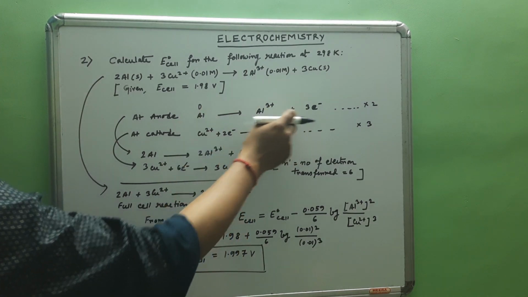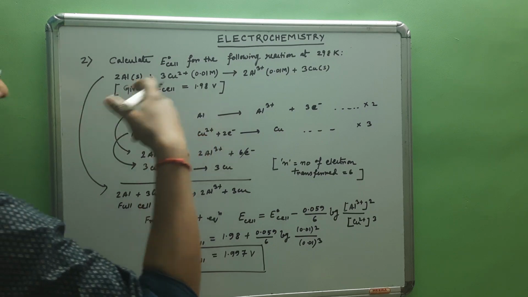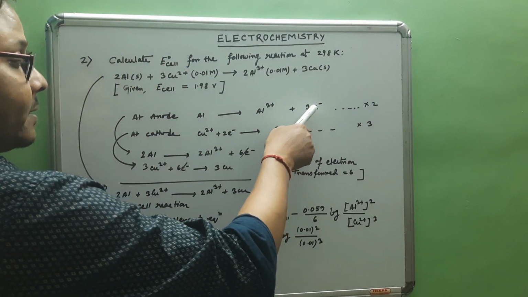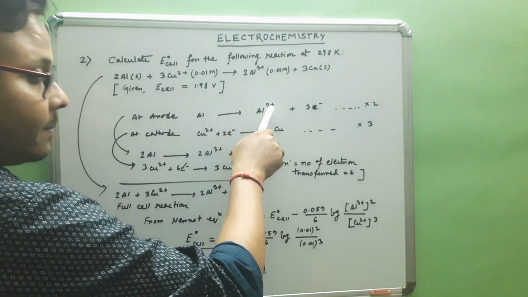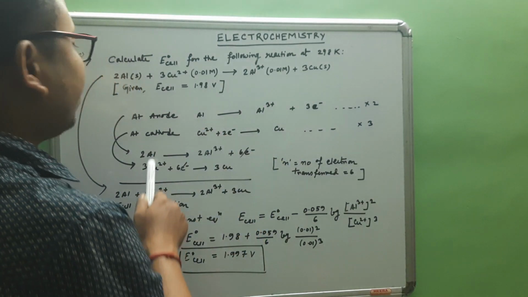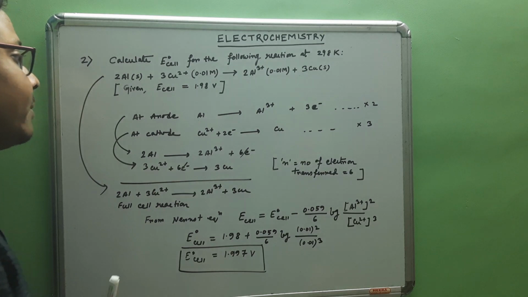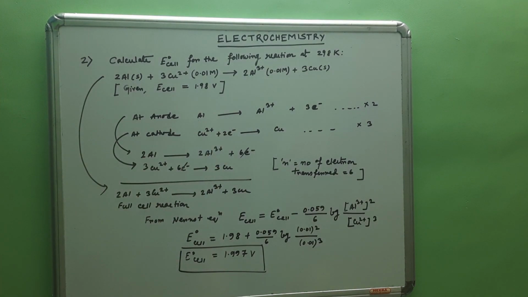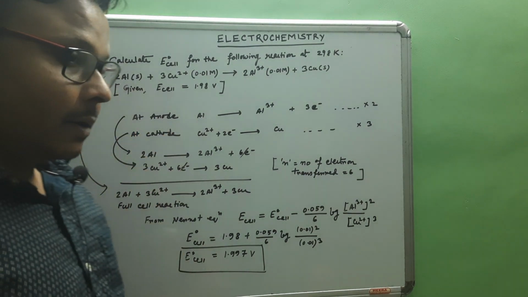Three electrons are transferred from Al to become Al triple plus. Similarly, in the cathode part, copper double plus ions, after taking 2 electrons, become neutral copper. So this is the anode part and this is the cathode part.